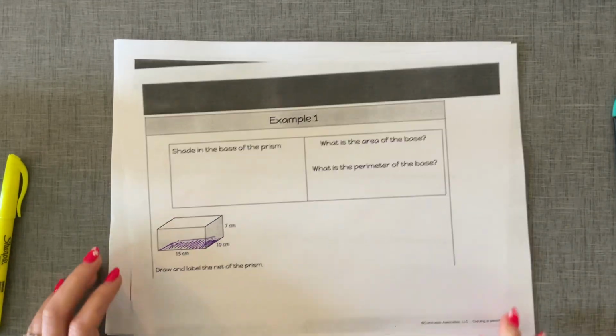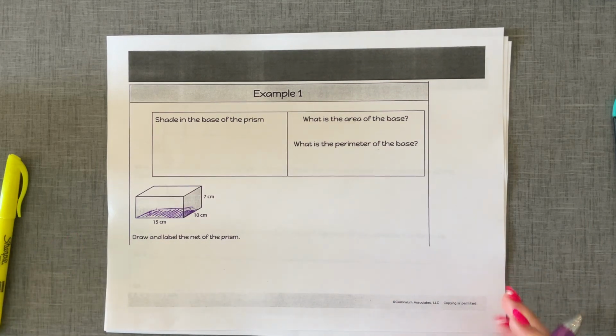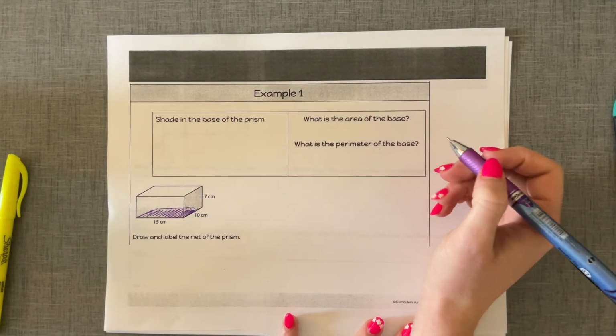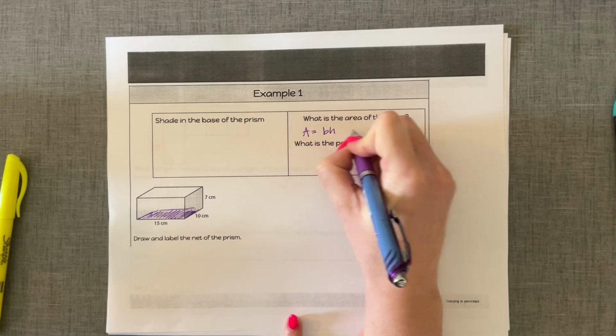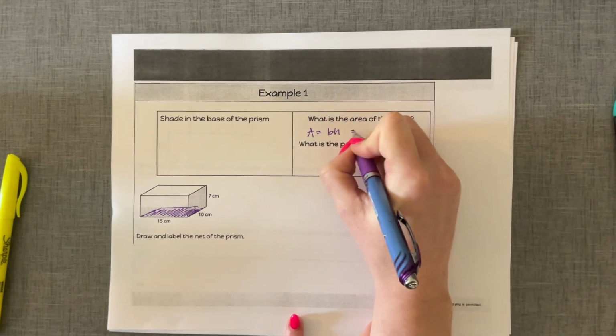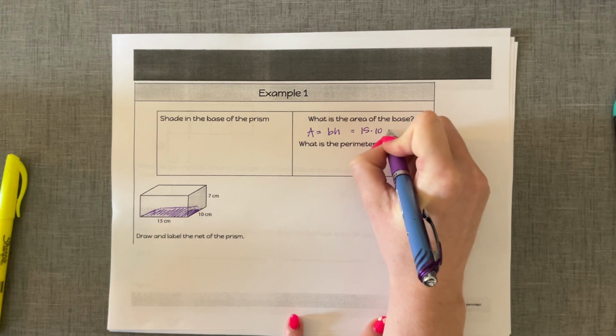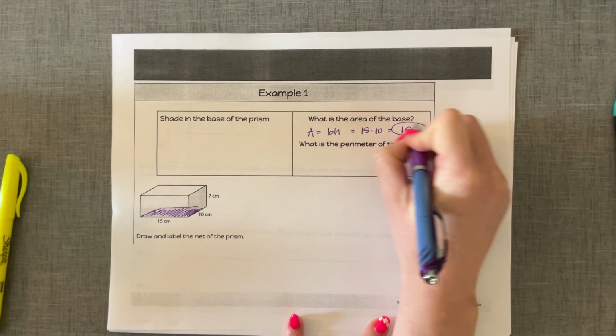Okay, the base shape is a rectangle. So the area of the base is the base times the height. 15 times 10 is 150.